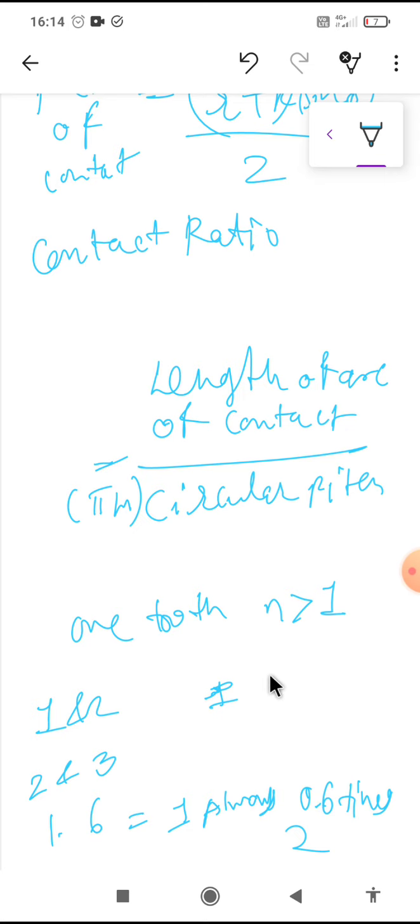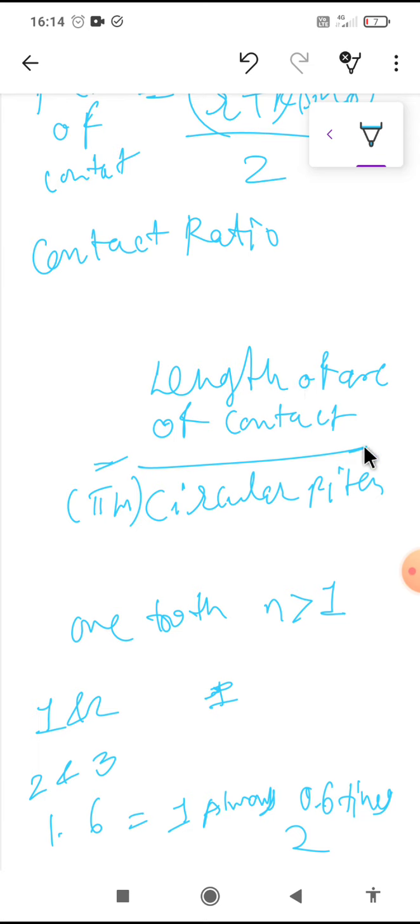Now we have seen the contact ratio, and we also saw the length of the path of contact and the length of the arc of contact. These are the three new terms which we have studied in interference in involute gears.